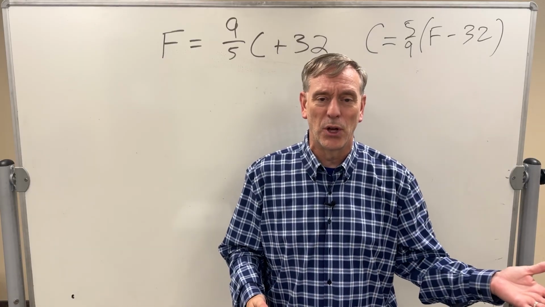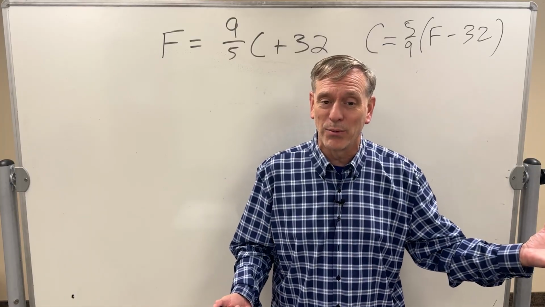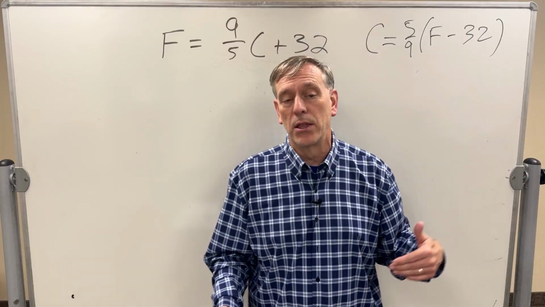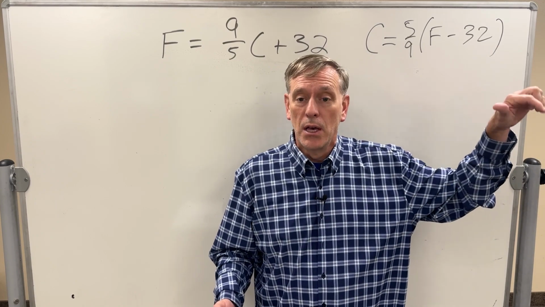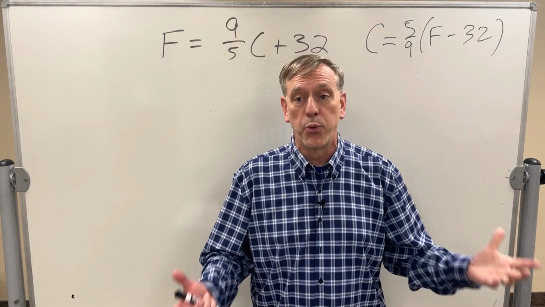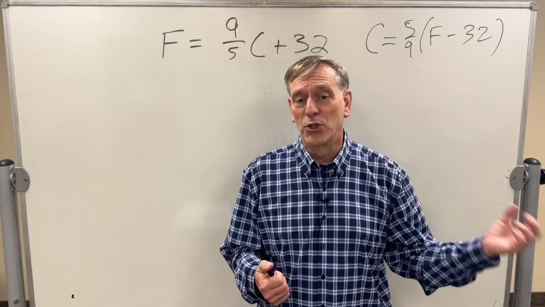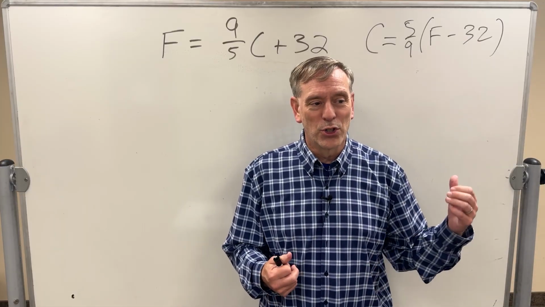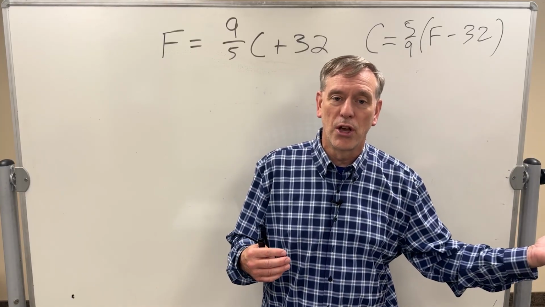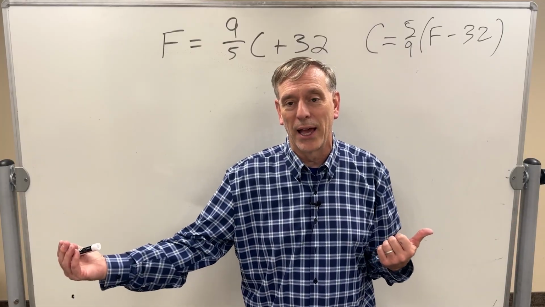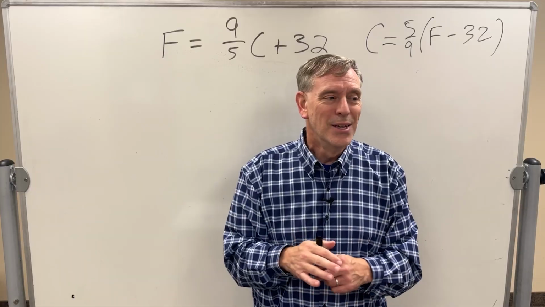Whereas in the metric system, we convert from kilograms to pounds, which is weird because kilograms are just mass, and the force in the metric system is the kilograms times the acceleration due to gravity, 9.8 meters per second squared, to give us a different unit of measure, which is newtons. So really, the conversion should be newtons to pounds, and kilograms should convert to the mass on the English side. Well, the mass on the English side is actually not in pounds, but in slugs. So it's a bit odd.